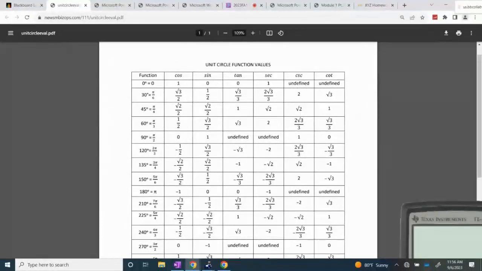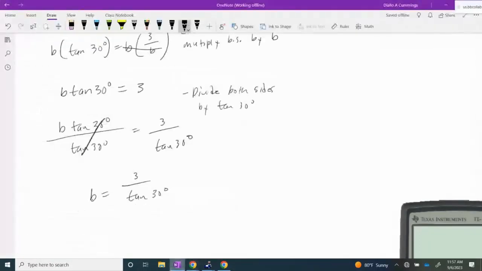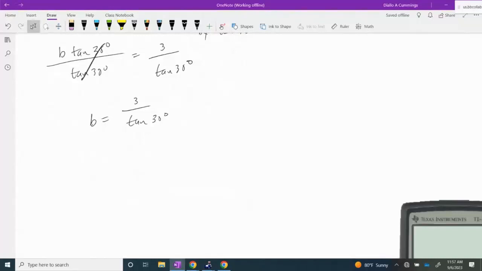The tangent of 30 degrees is the square root of 3 over 3. If I were to put that in my calculator, it's definitely going to give me a decimal. So B is equal to 3 divided by the square root of 3 over 3.